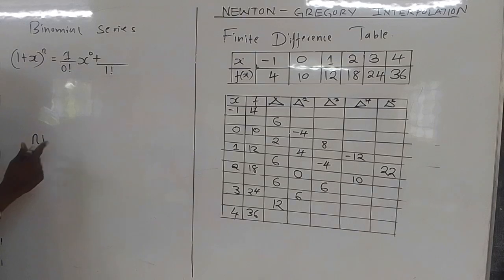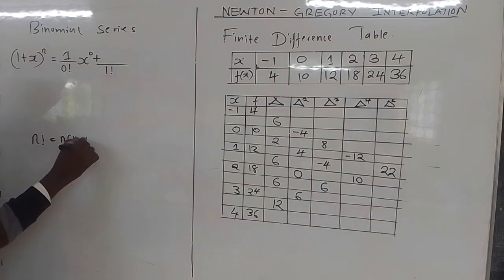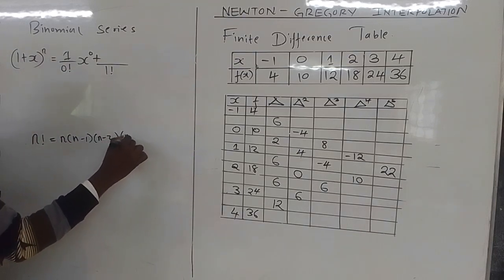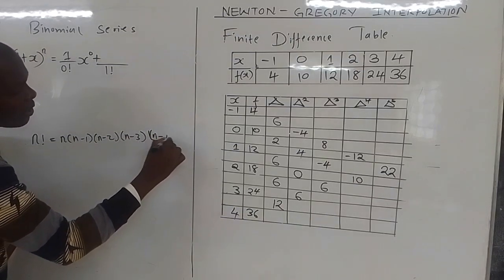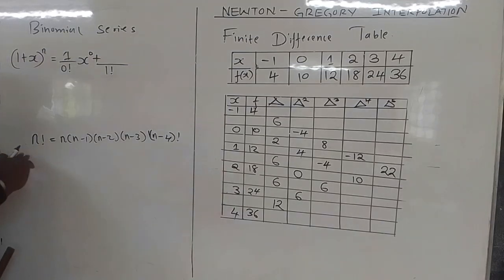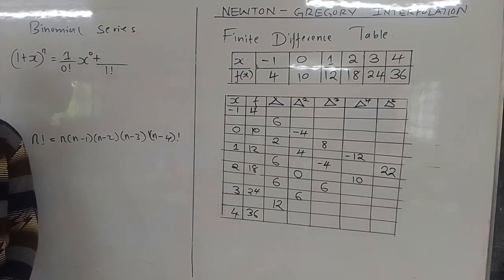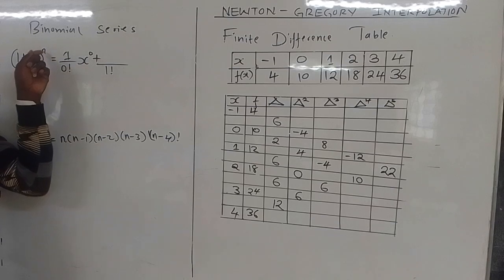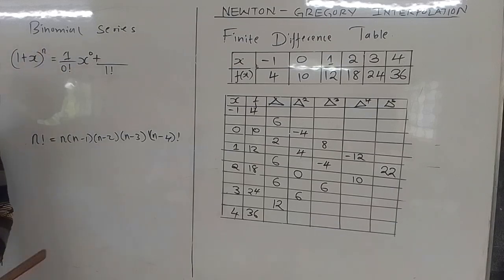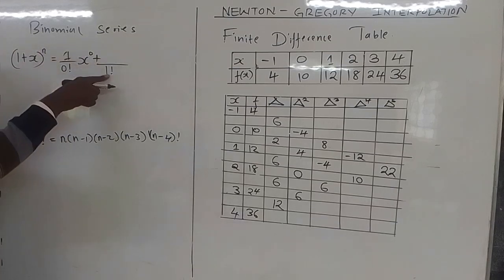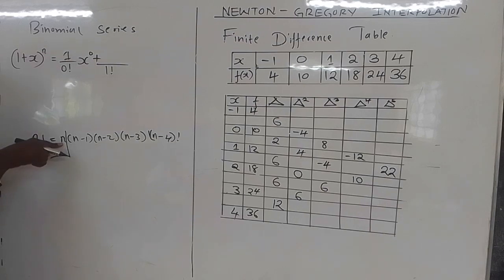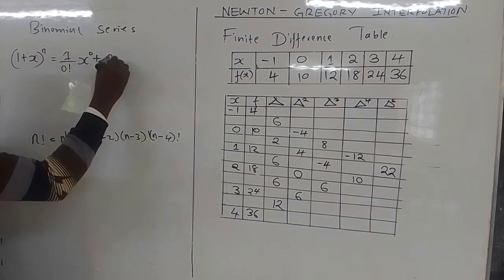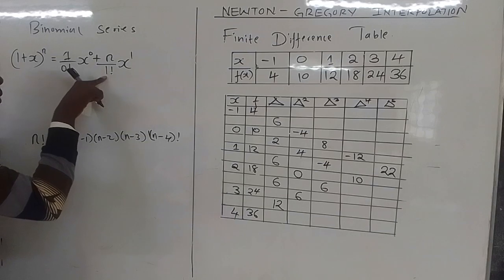So when I'm expanding n factorial, what do I have? n into n minus 1 into n minus 2 into n minus 3 into n minus 4, in that order. When it is x factorial, I placed it the same way, because here I need n factorial, because n is the power, isn't it? Are we together? So if you have 1 factorial, it means there is only 1 term in the numerator. So if you come here, that only term is n, and then your x is raised to power 1.